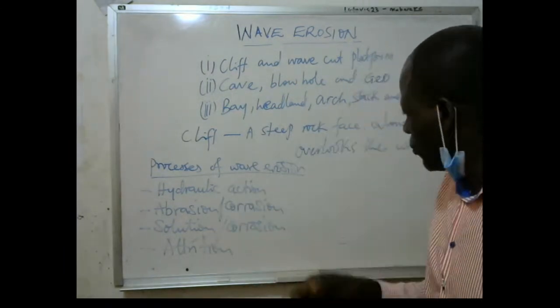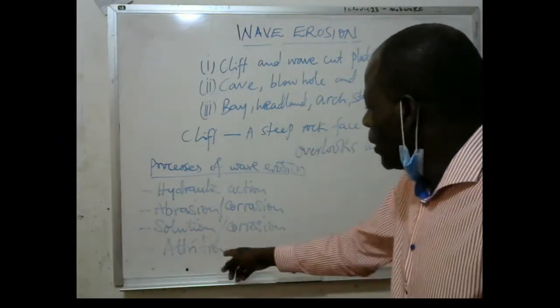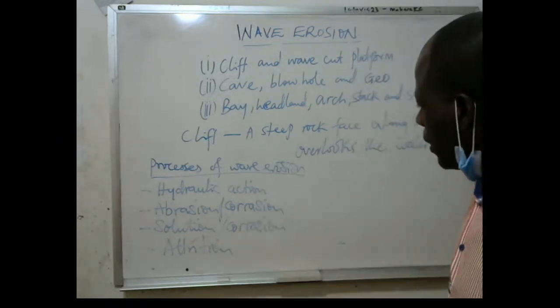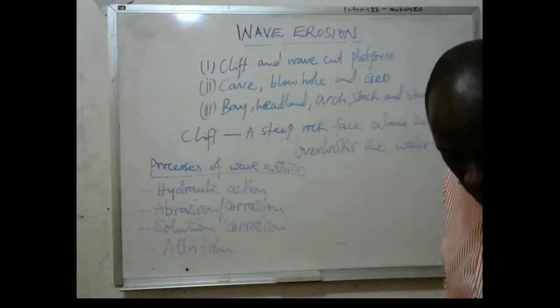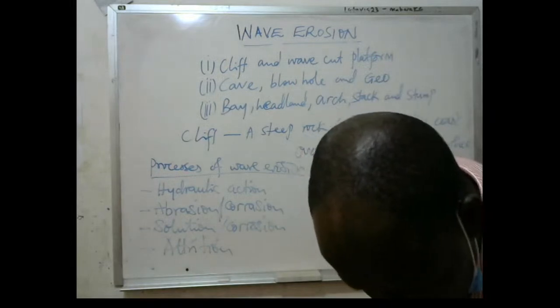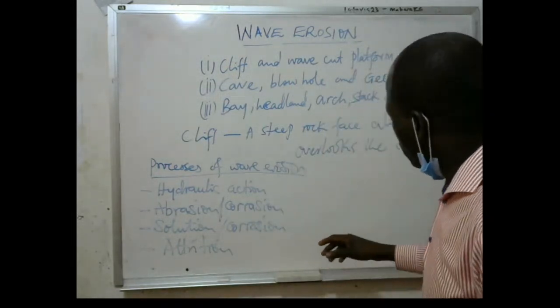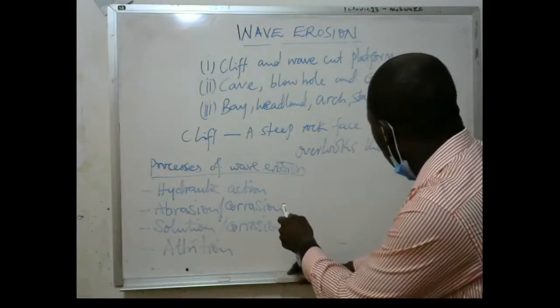Solution: minerals within the rocks get dissolved in water and are taken out in solution form. Attrition: the particles within the waves hit each other and break further into smaller particles.